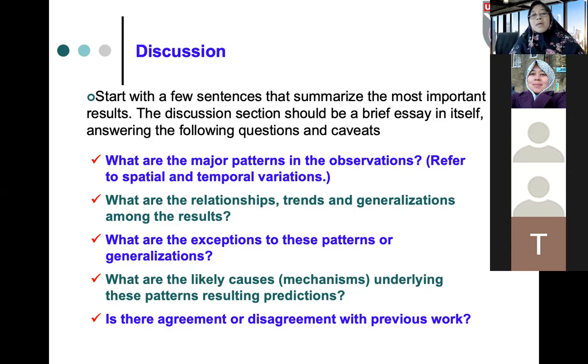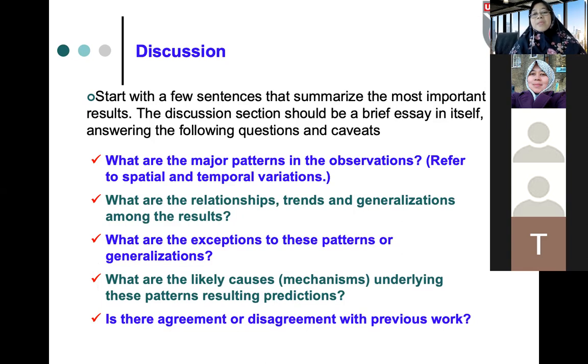And then let's say you have stated the observation and the pattern, okay? And then what are the likely, okay, you should also discuss the chemistry, because we are talking about chemistry, the chemistry behind, okay? So if you, for example, do a pH effect, yeah?